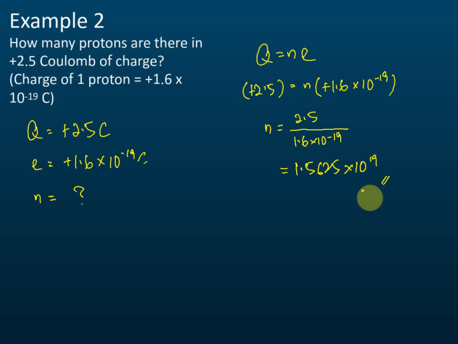So this is the answer: 1.5625 times 10 to the power of 19.